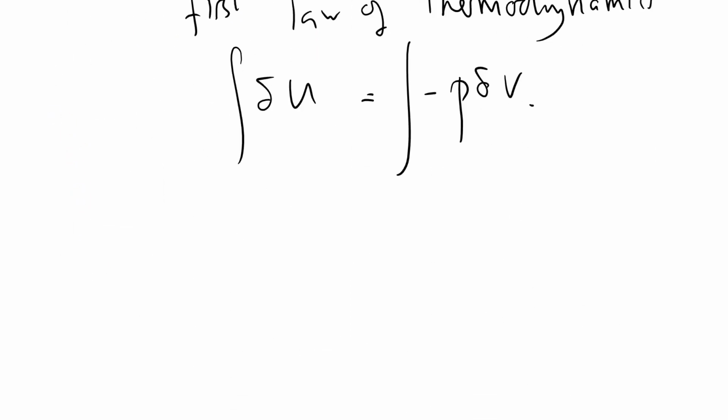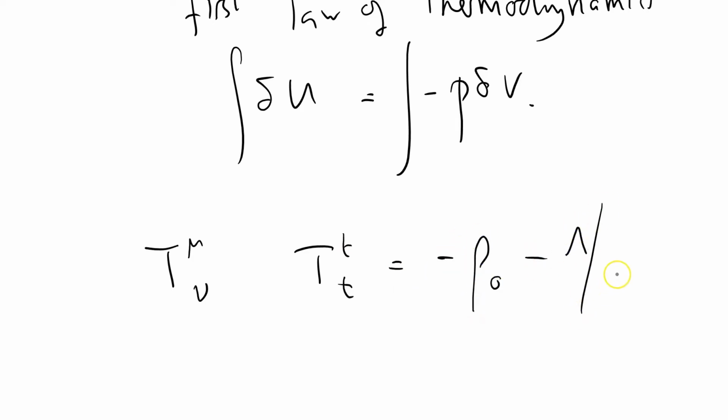Let me remind you what the components of the stress energy tensor are. We've been considering the stress energy tensor with one upstairs and one downstairs index, and it's diagonal. The time component is minus rho 0 minus cosmological constant over 8 pi g. This is all for a perfect gas.